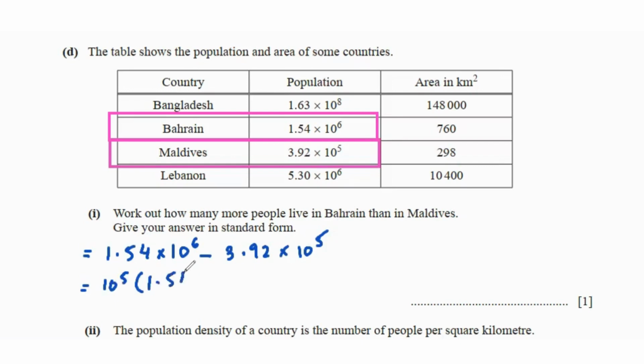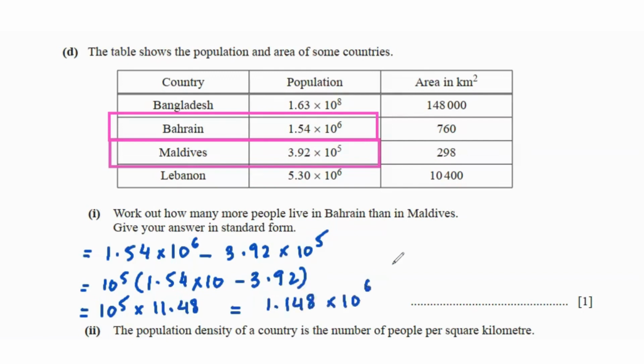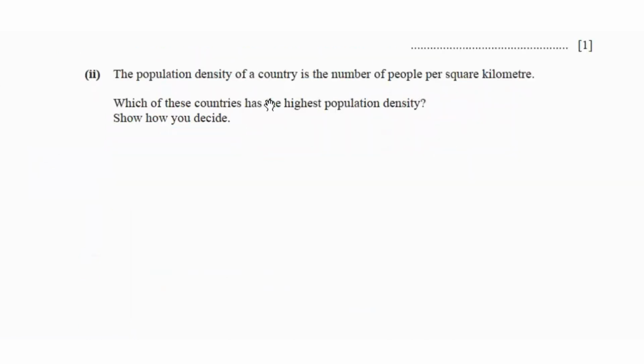So 1.54 times 10 minus 3.92, which will equal 10 to the power of 5 times 11.48, which in standard form is going to be 1.148 times 10 to the power of 6. Because you move the decimal one place to the left, and that adds a power to the base 10. So 5 becomes 6.